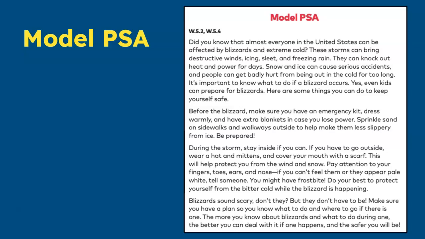They can knock out heat and power for days. Snow and ice can cause serious accidents, and people can get badly hurt from being out in the cold for too long. It's important to know what to do if a blizzard occurs. Yes, even kids can prepare for blizzards.